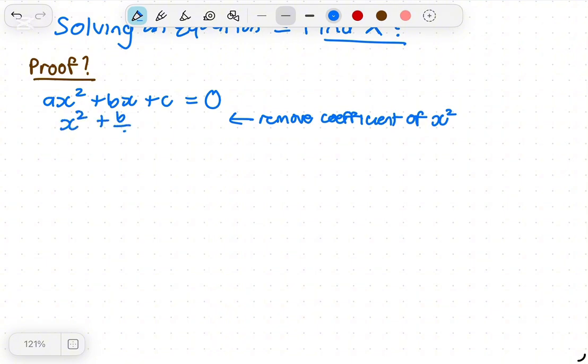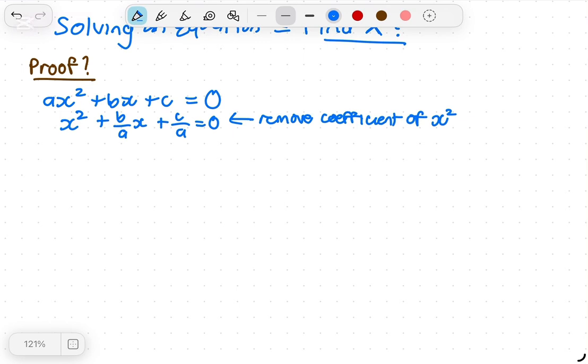So we get x squared plus b over a x plus c over a. Now the reason why I'm telling you the proof is so that when you actually use the formula, you won't have to memorize it, but instead understand how the formula actually came about.